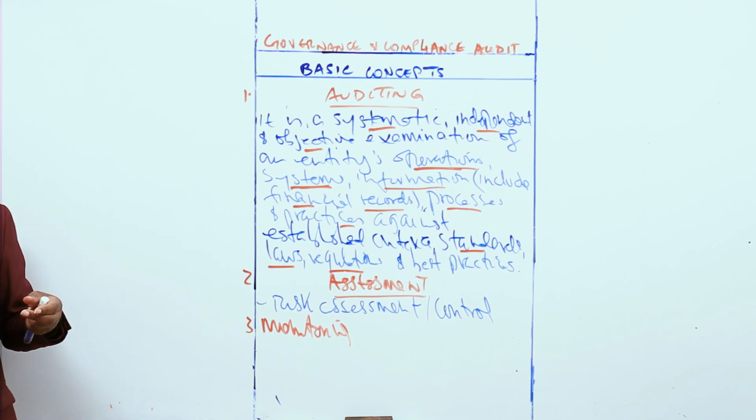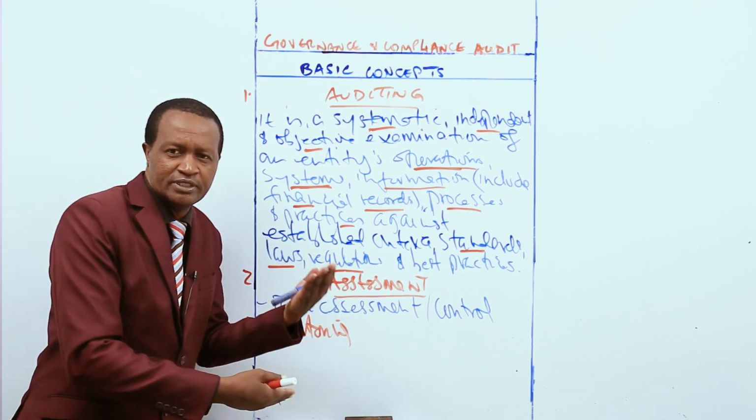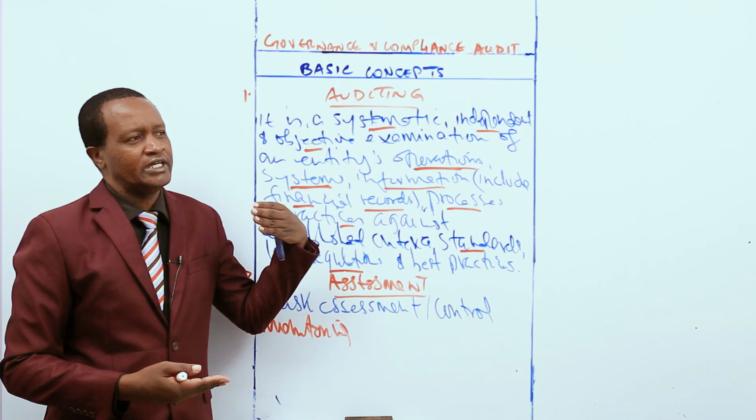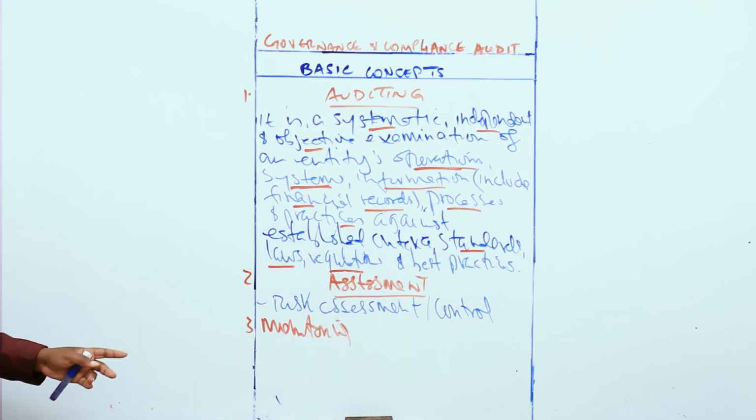You understand? So monitoring is performed by management. It may be performed by the internal audit department or even external parties. So that's the meaning of monitoring: ongoing and periodic evaluation.